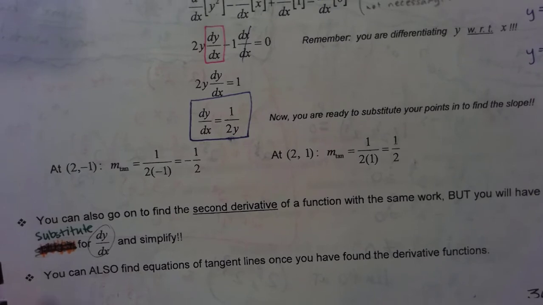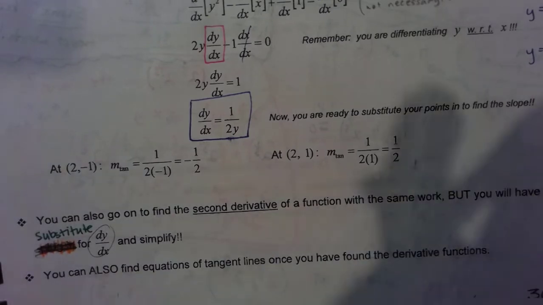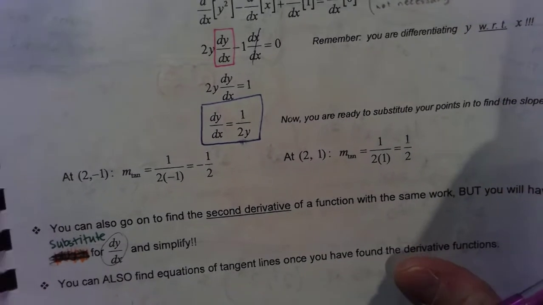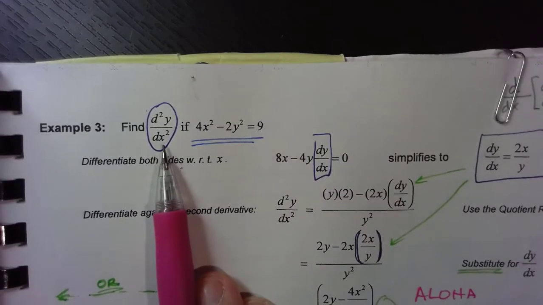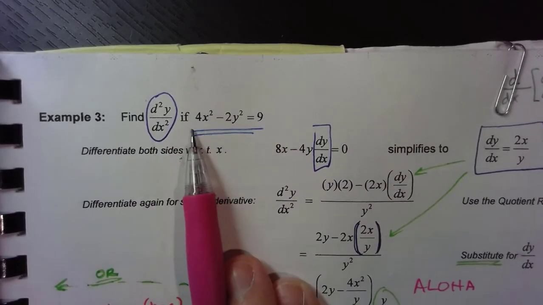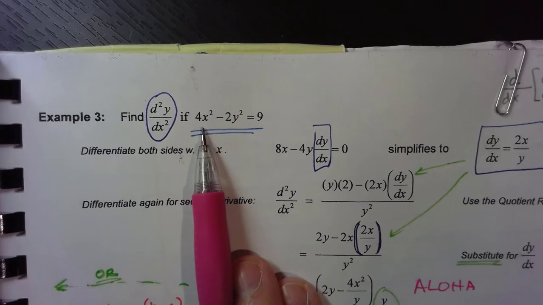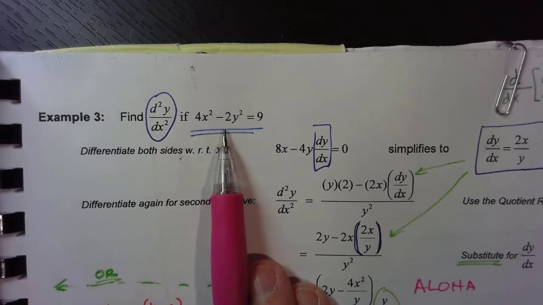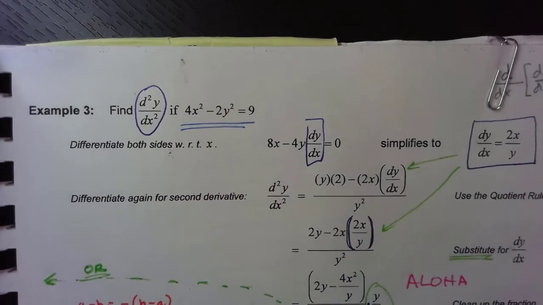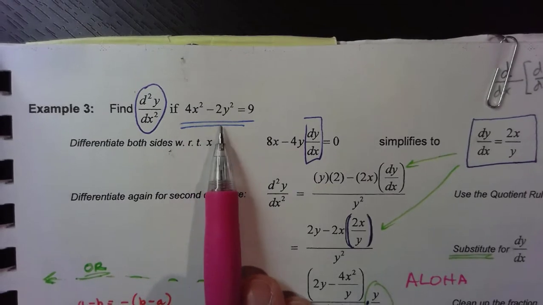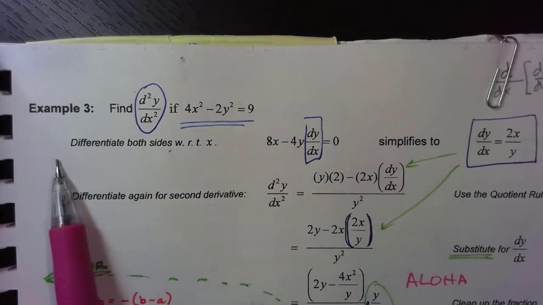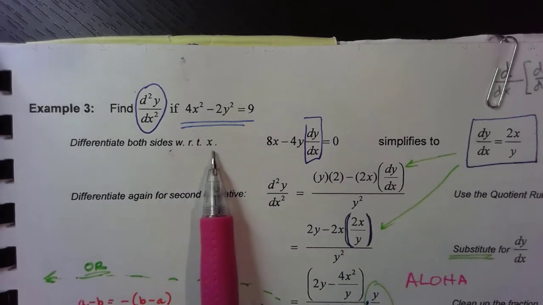You can also find equations of tangent lines once you have found derivative functions. So here we're going to find the second derivative if we know that the equation is 4x squared minus 2y squared equals 9. Now you might recognize this as a hyperbola. But anyway, we're going to differentiate both sides with respect to x.